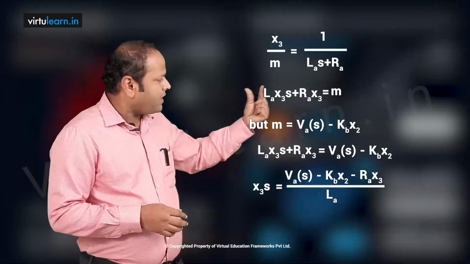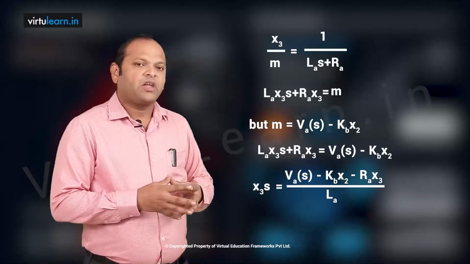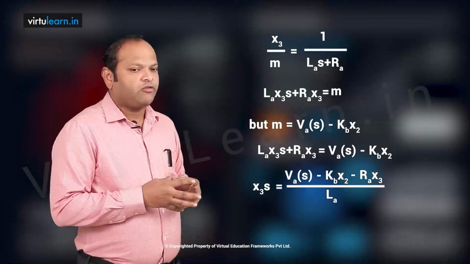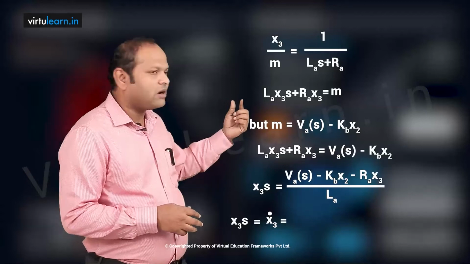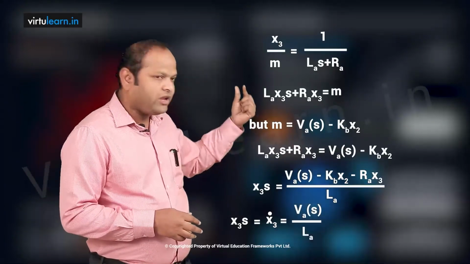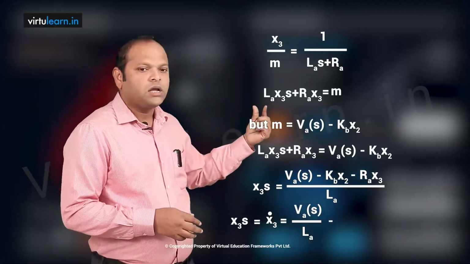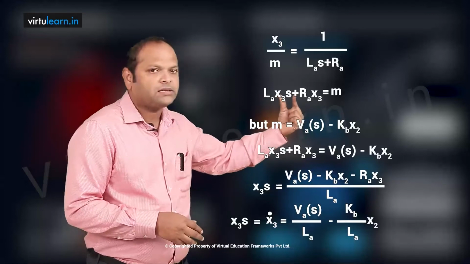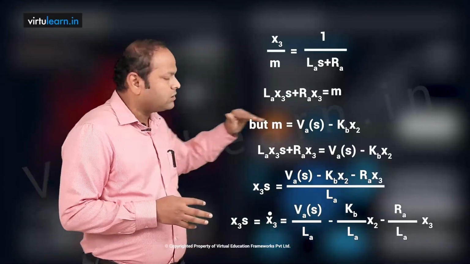So m is Va minus Kb into x2. In place of m, I replace this and rearrange, and finally x3 dot is Va by La, where Va is the input and La is another constant, minus Kb by La into x2 minus Ra by La into x3. So this is the third equation.